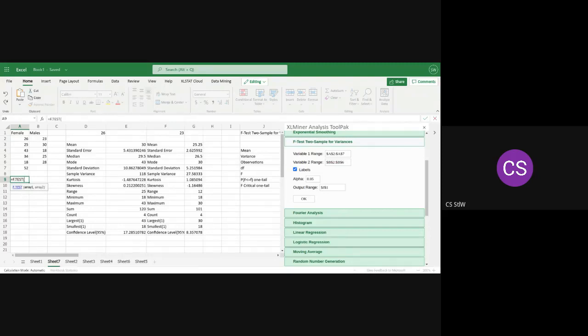So when I said A2 up to, I notice I'm not using dollar sign, up to A7, comma, B2 up to B6.